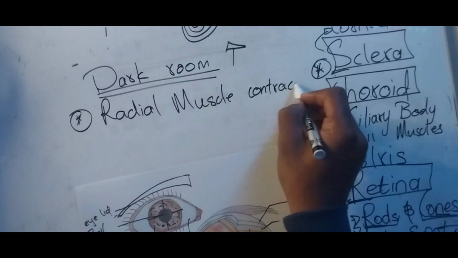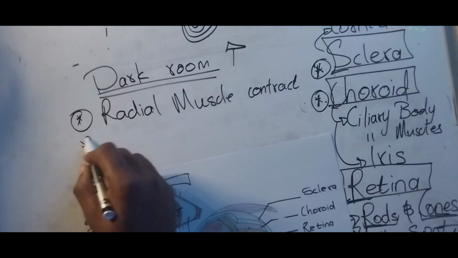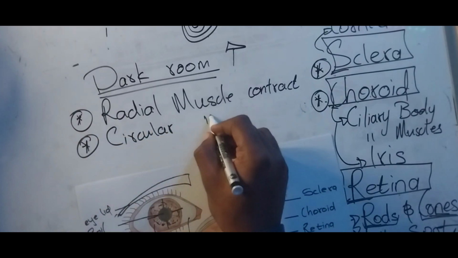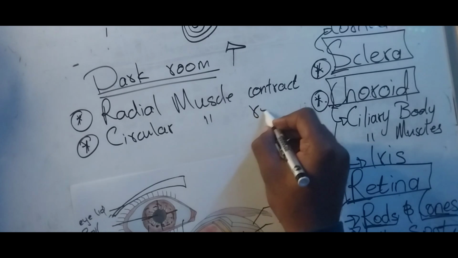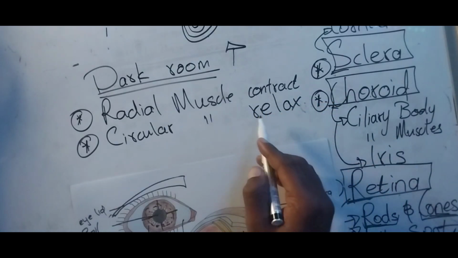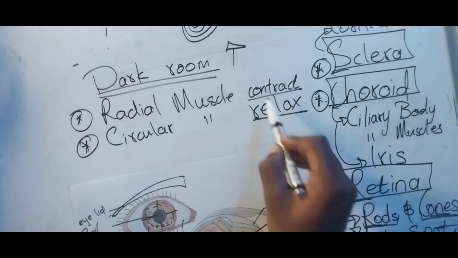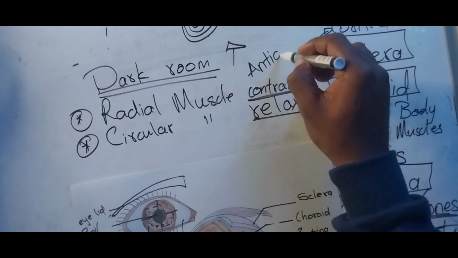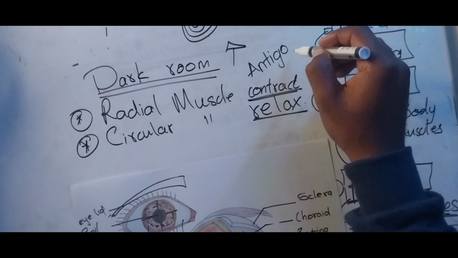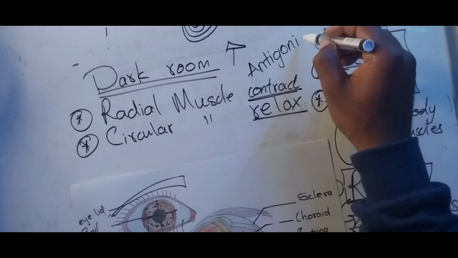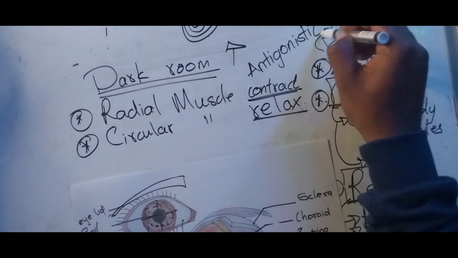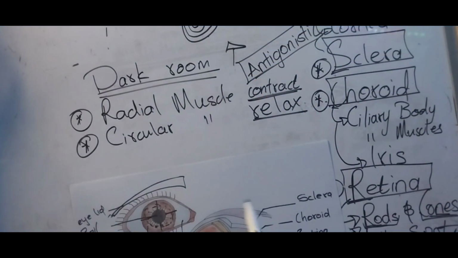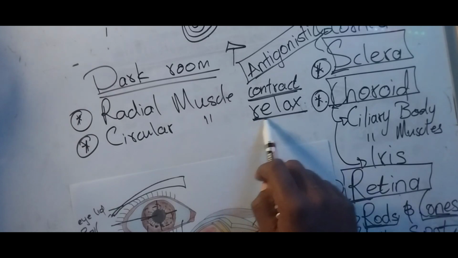Okay, and then we have another muscle. Is the circular muscle. Circular muscle is going to relax. This means they work antagonistically to each other. Yeah? Meaning when the other one contracts, the other one is going to relax.